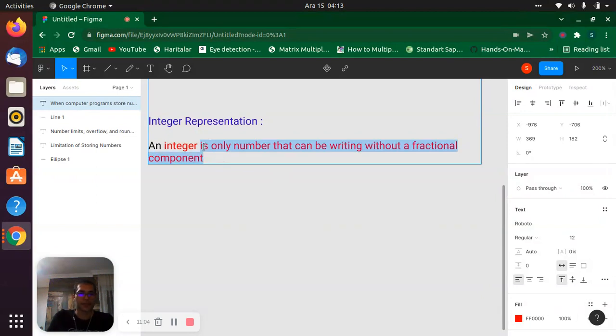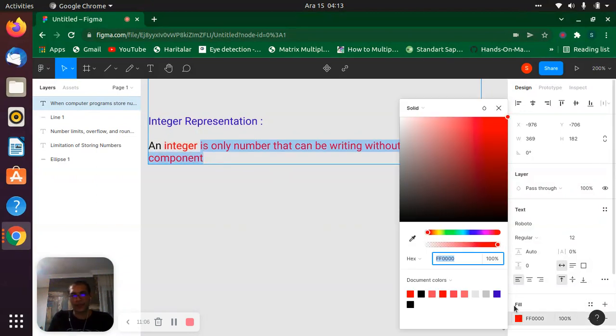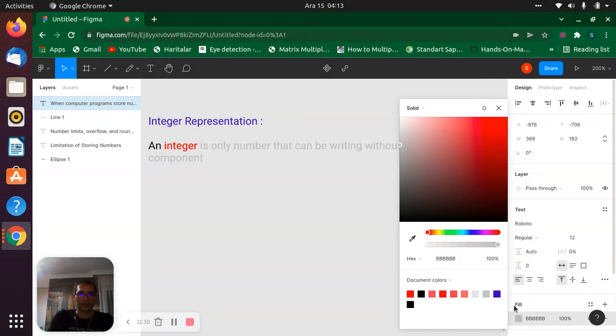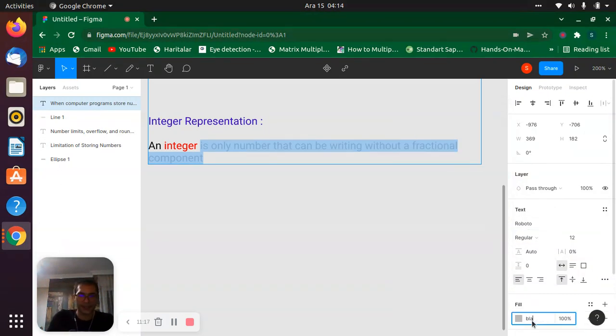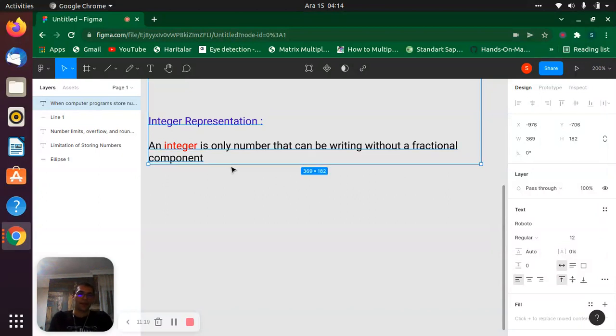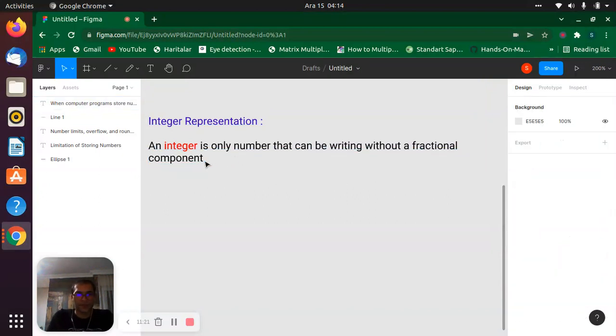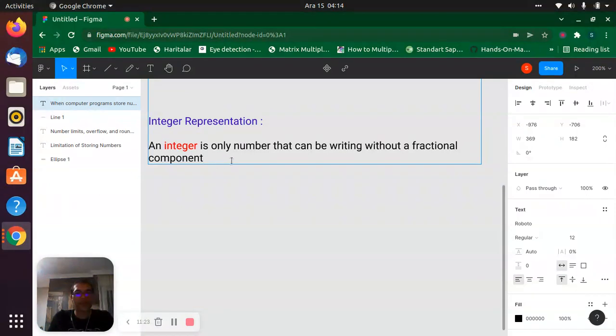Just tag this till is do black. No, it's not that. What I want to do, it's not BBB, something like that, it's just black. Okay, it's only number that can reading without a fractional component, right?